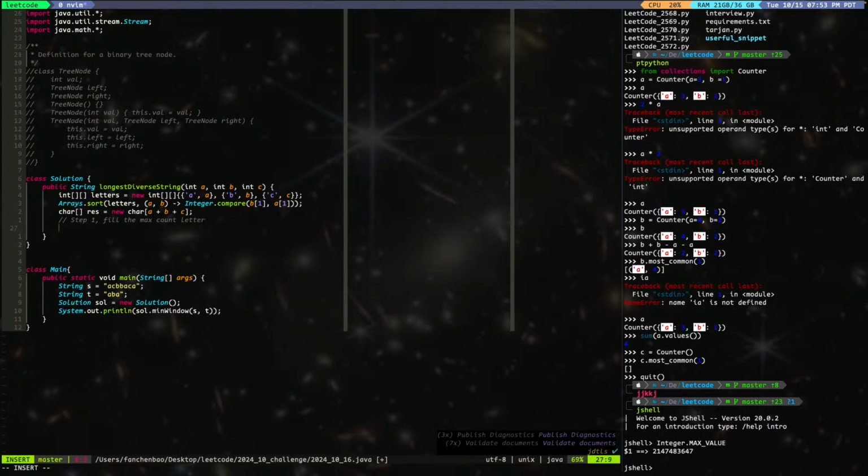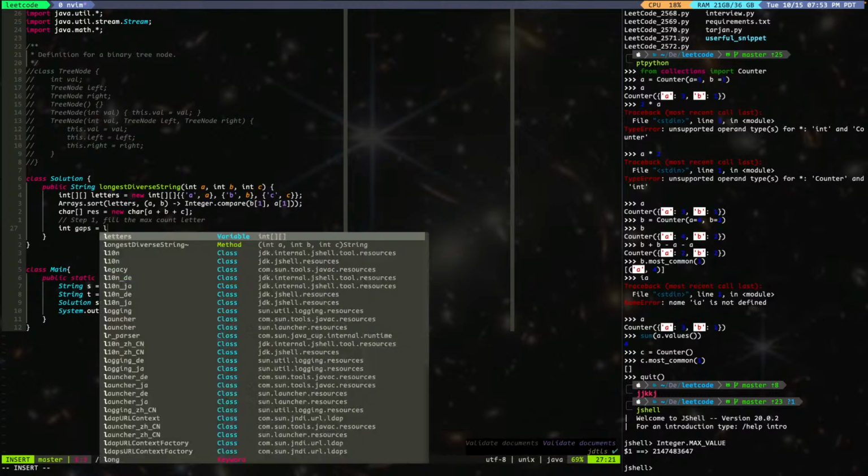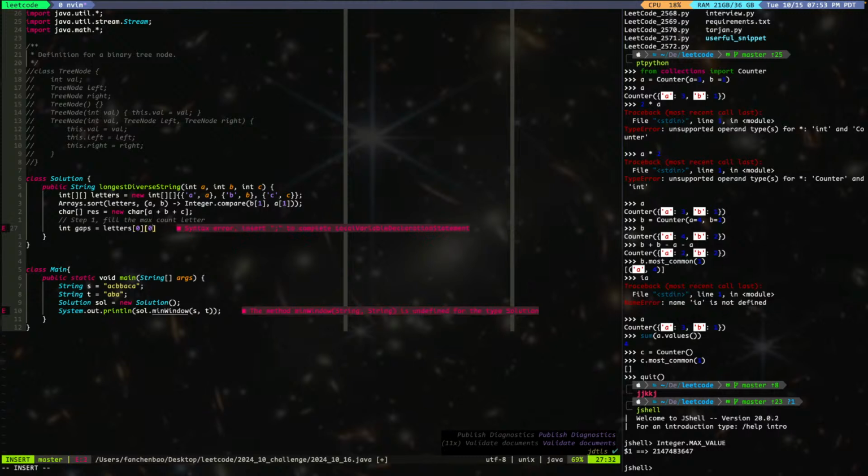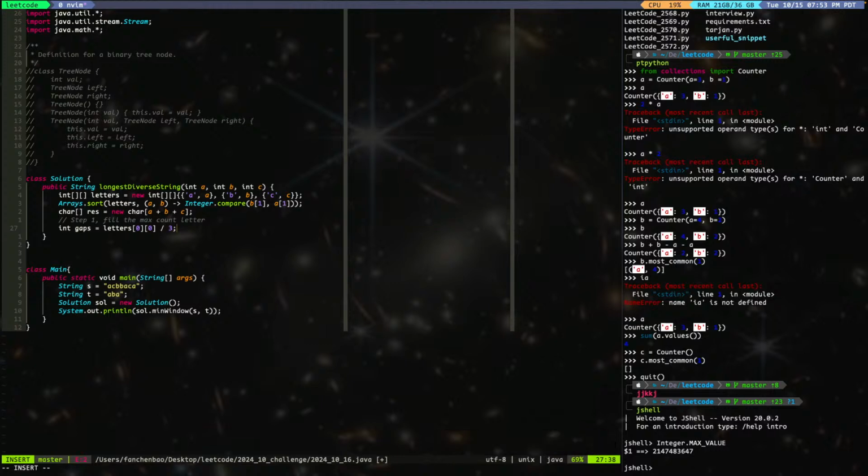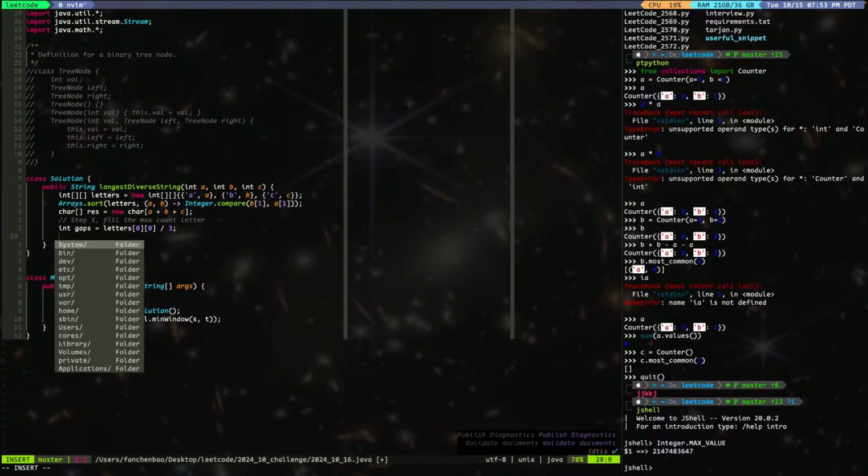Then int gaps equals letters[0][0] divided by 3. Okay, that's good. And depending on how, hold on, still.